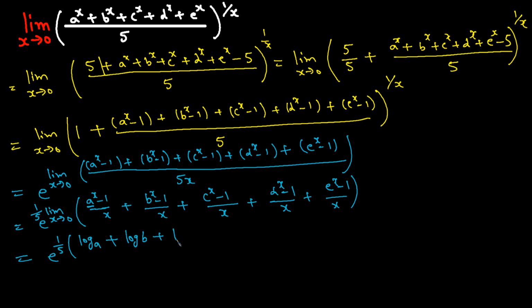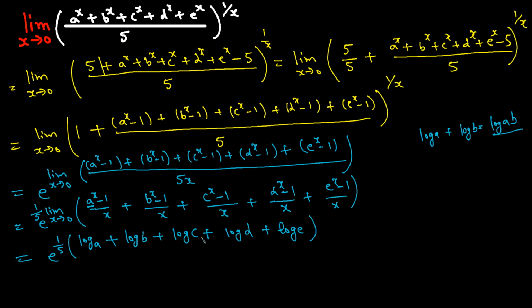This one is log c, log d, log e. Okay, and that's where I'm gonna use log property. You remember, log of a plus log of b is equal to log of ab.